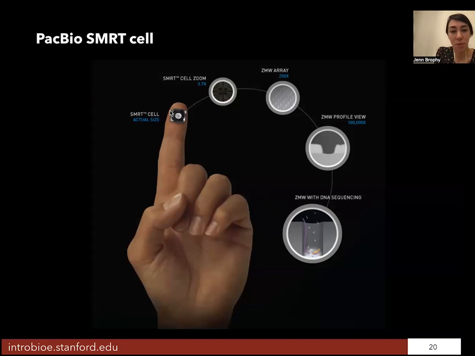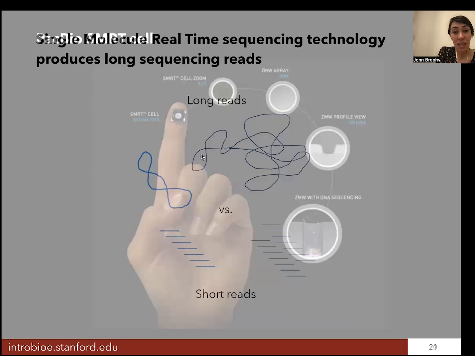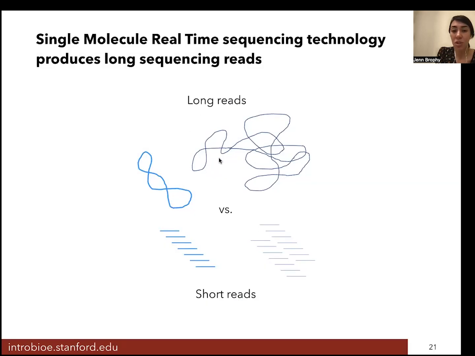It's just stepping through different magnifications here so you can see what's happening inside of these SMRT cells. So it's an exciting method of being able to take long read measurements where you can take a long molecule of DNA and sequence the whole thing instead of having to break it into those small pieces like you do for Illumina sequencing. This PacBio SMRT sequencing can handle long molecules.